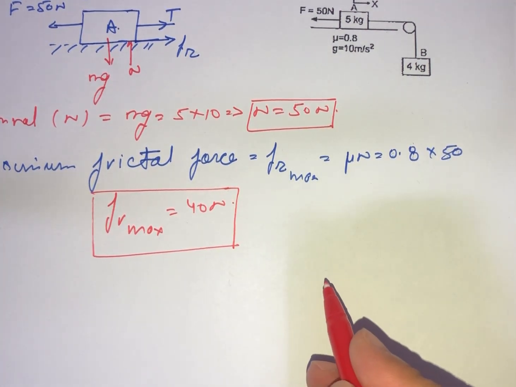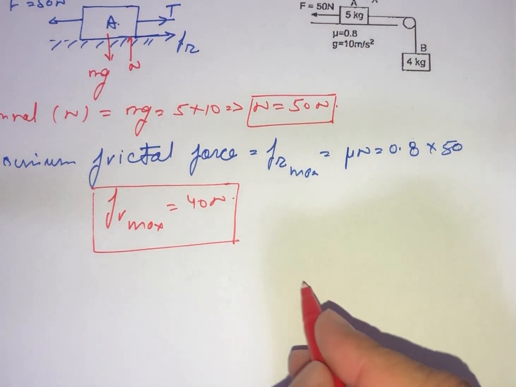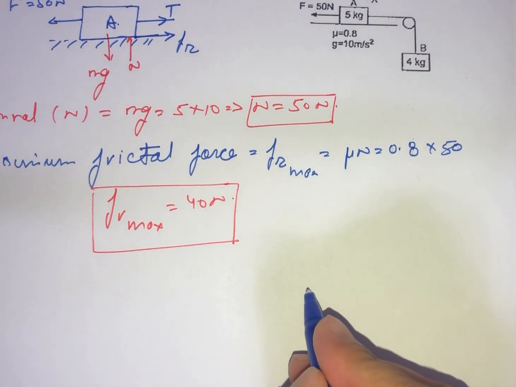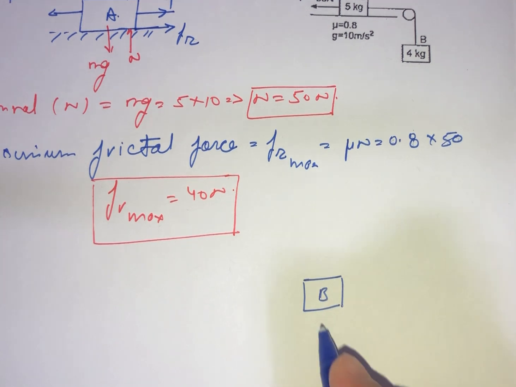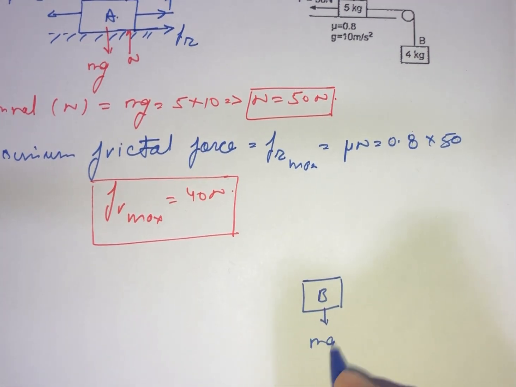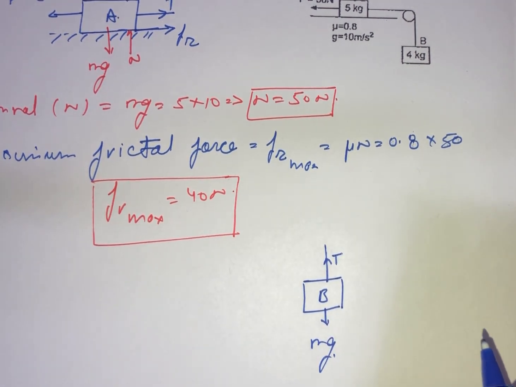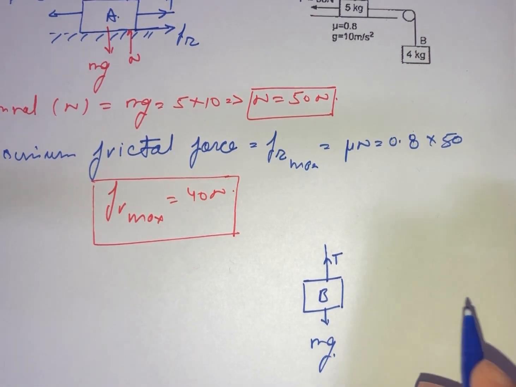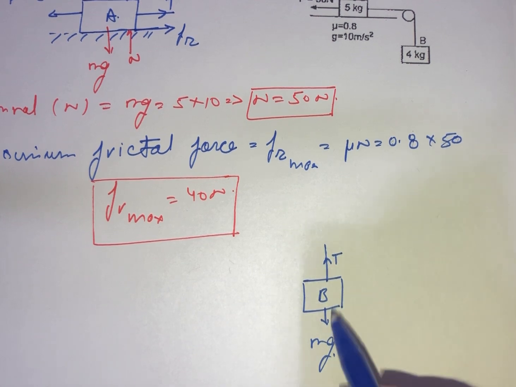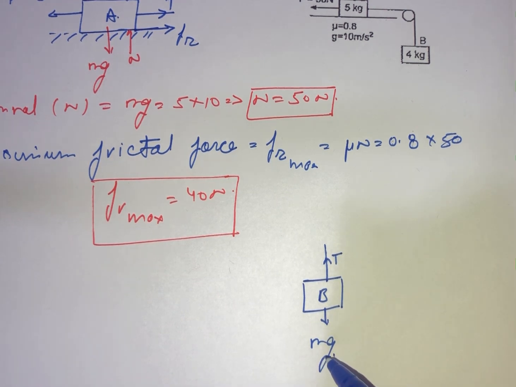Now let's consider body B. So for B, this is block B. It is having mg in the downward direction and there will be tension T in the upward direction. So you can say that if it is in equilibrium, then tension T will be equal to mg.